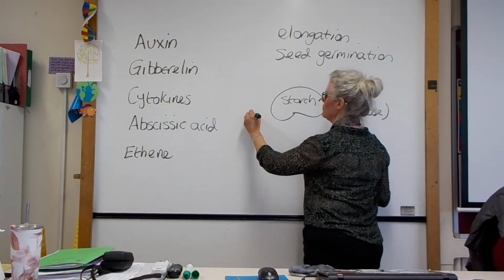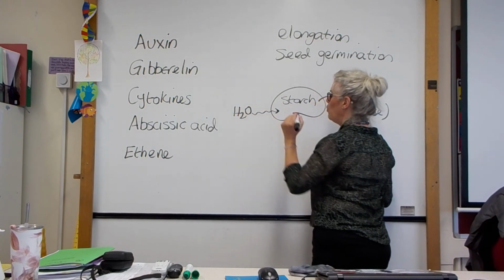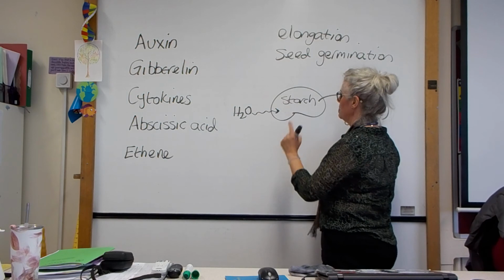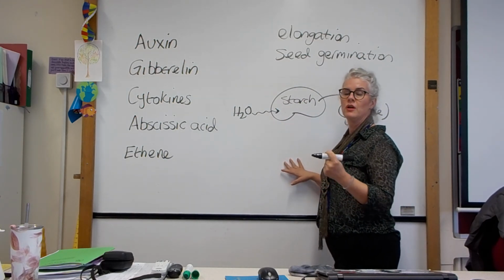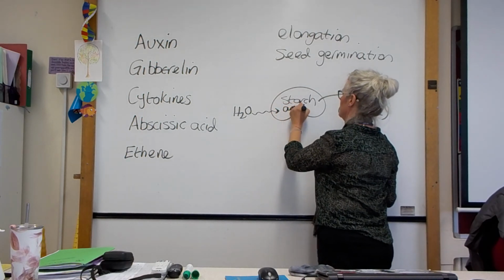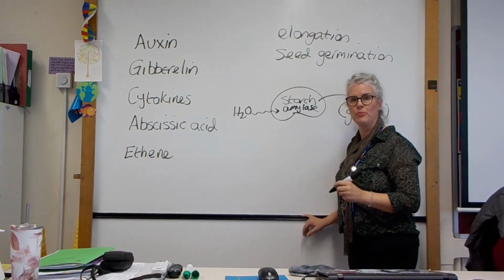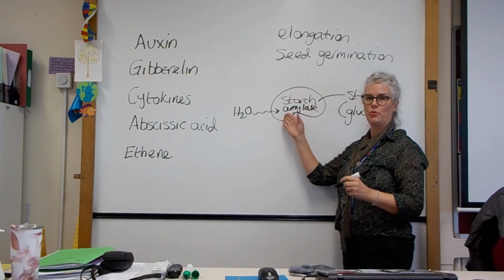So what happens is water enters the seed, and water stimulates gibberellin. Gibberellin will actually switch on the transcription of the amylase gene. Now, amylase is the enzyme that breaks down starch. So water enters the seed, activates gibberellin.